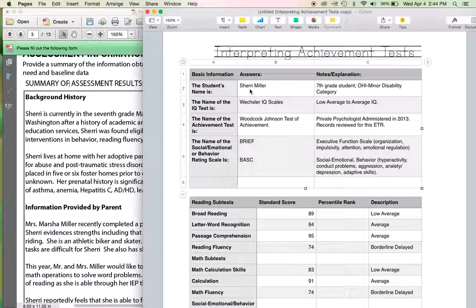So for instance, we have Sherry here. This is her name. I made a couple of notes that I got from her ETR, that she's a 7th grade student in her disability category as other health impaired minor. So you're just going to pull out any notes or anything that's relevant that you want to remember or highlight from the ETR.